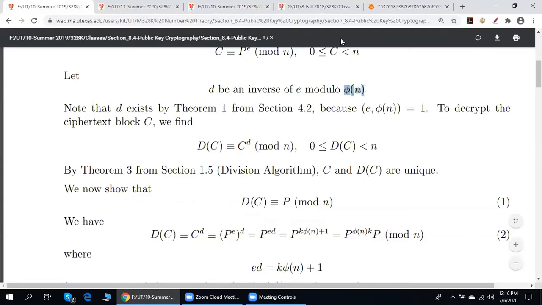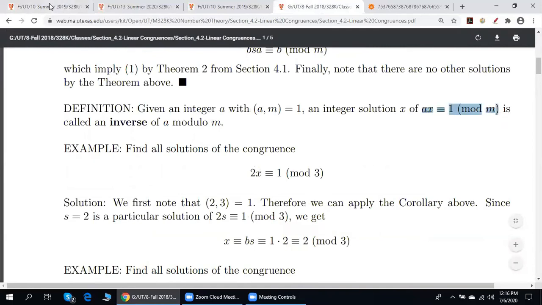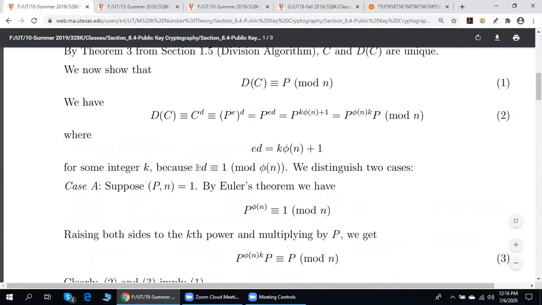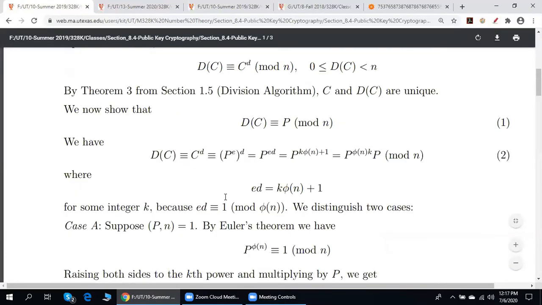So with this in mind, this congruence becomes EX is congruent to 1 modulo phi of n. So D is X. D satisfies the following congruence: E times D is congruent to 1 modulo phi of n.